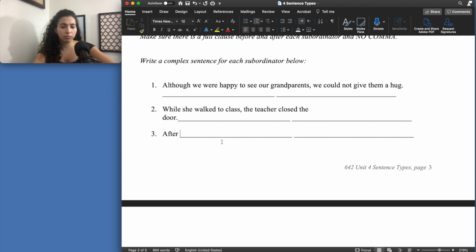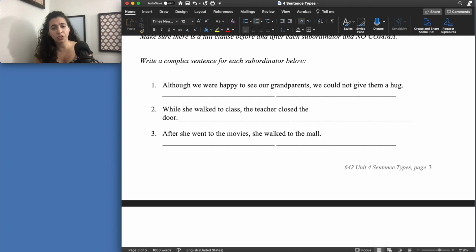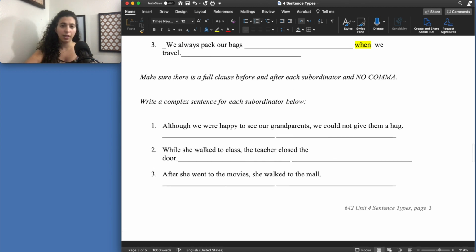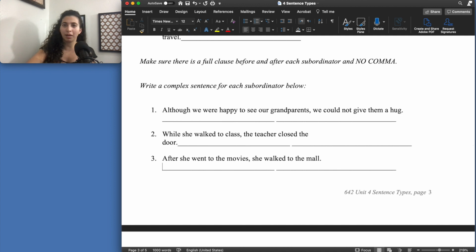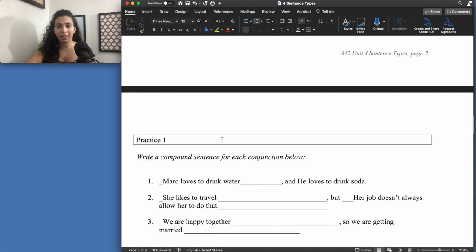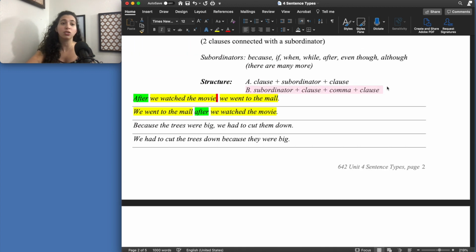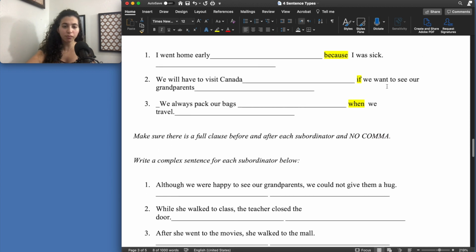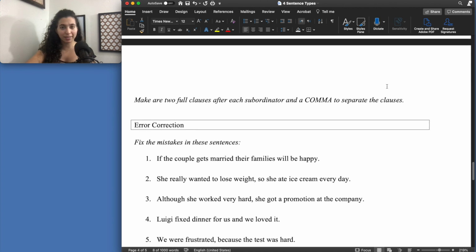After she went home, after she went to the movies, she walked to the mall. Okay, after she went to the movies, she walked to the mall. Again, not the greatest sentences I'm coming up with today, but they work. They are grammatically correct. Again, this is the second structure that we are using. All right, so that's that.